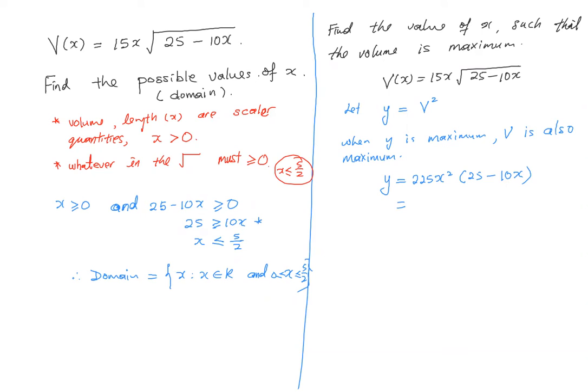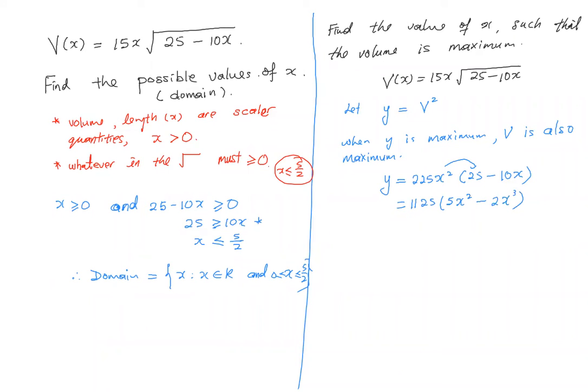Don't have to waste your brain juice. 225 times 5, what is the answer? Hello, you have to be proactive. When I say 225 times 5, you have to take out your calculator and multiply. 1125. Then I bring the x squared in: 5x squared minus 2x cubed.